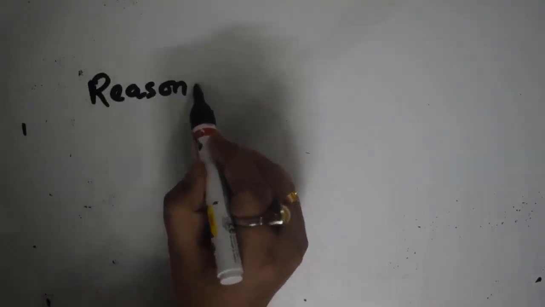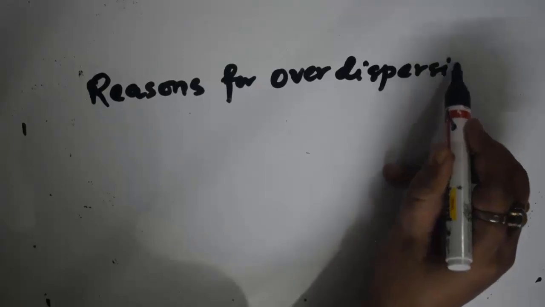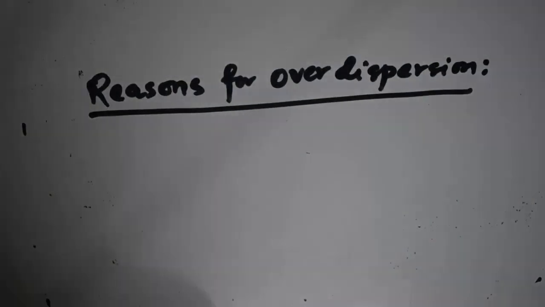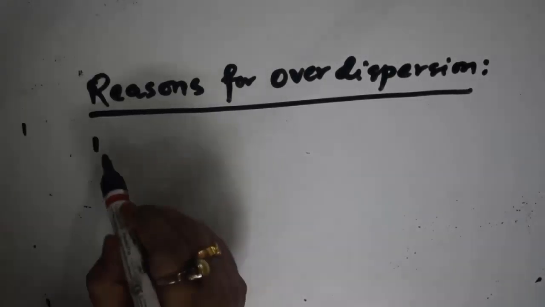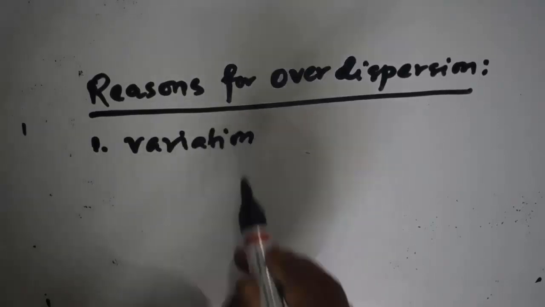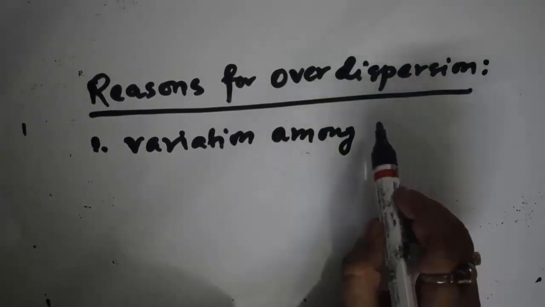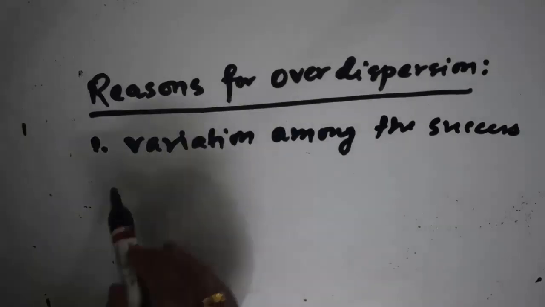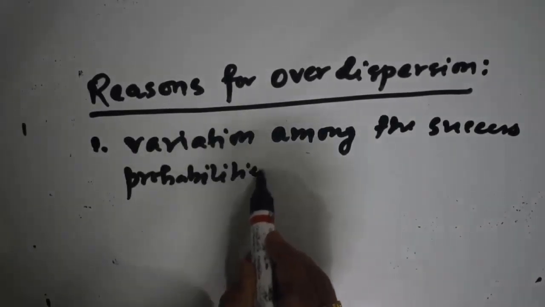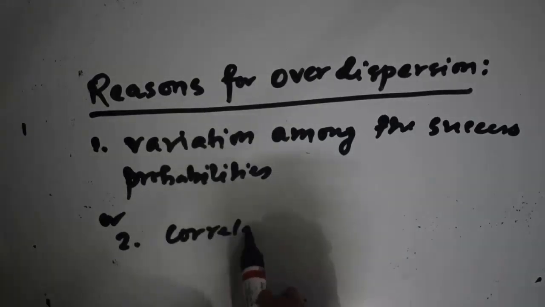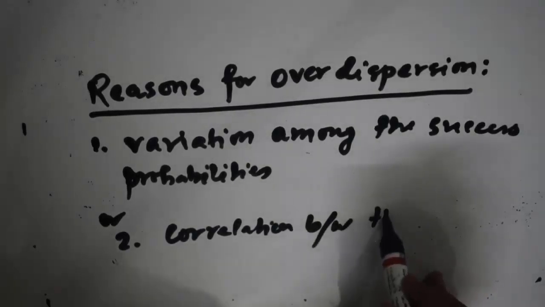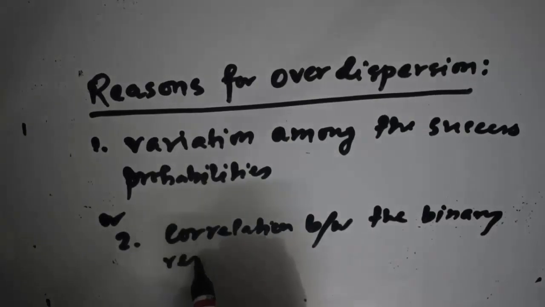Next, the reason for overdispersion. Overdispersion can be explained by one, variation among the success probabilities, or correlation between the binary responses.